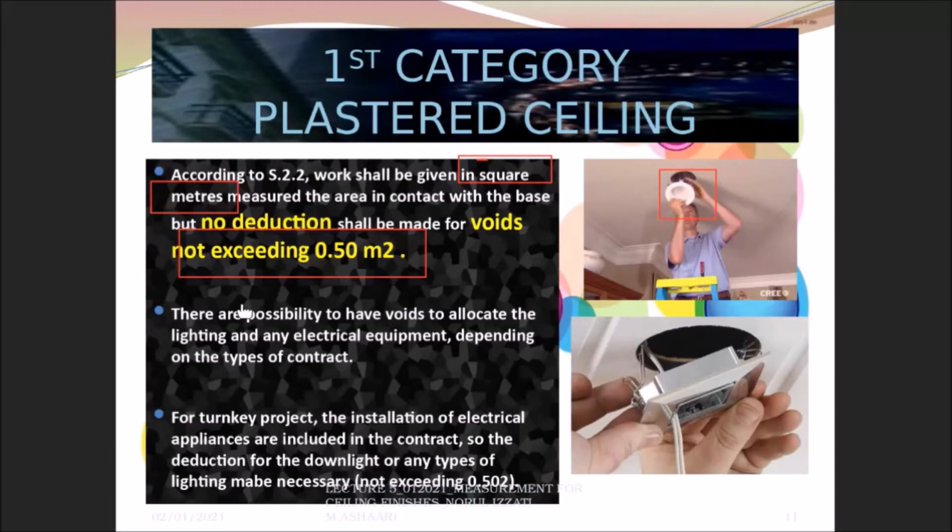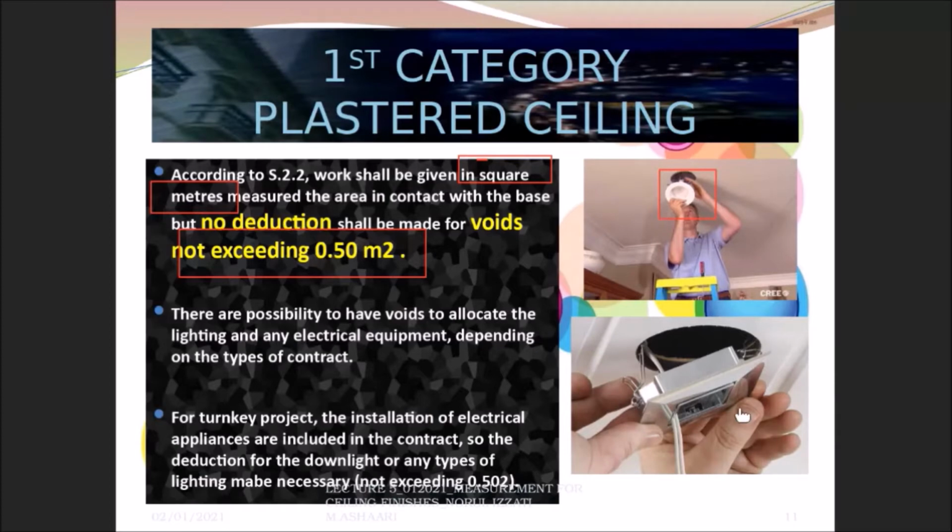So downlight, or the electrical components. Look at my further explanation. For a turnkey project, the installation for electrical is included in the contract. But if you buy a new house, there is no cutting of the void, because normally the contractor only installs the wiring. This component is not part of the project.